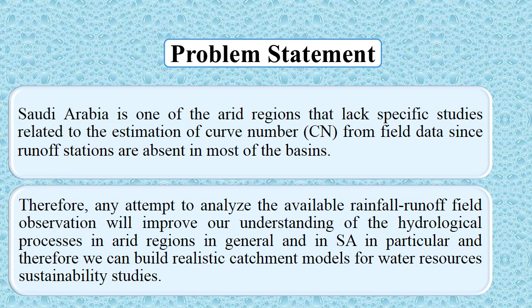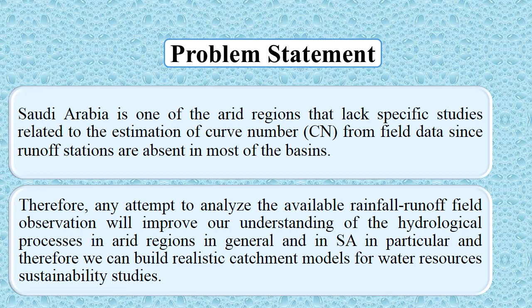So our problem statement can be formulated like that. Saudi Arabia is one of the arid regions that lack specific studies related to estimation of curve number from field data, since runoff stations are absent in most of the basins.